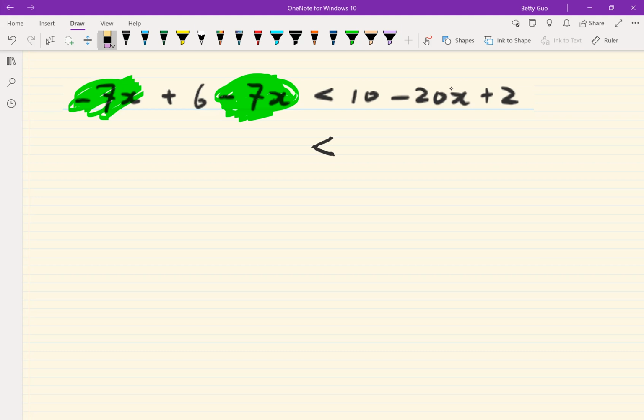Okay. You want to move this over. Or you want to plus 20x to both sides. Remember, is this a common inequality or not? No, this is a regular inequality. Every time we solve an inequality, I draw a bubble. What do I write in the bubble? Isolate x on the left.